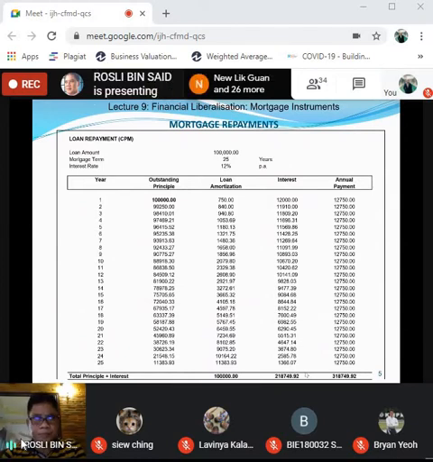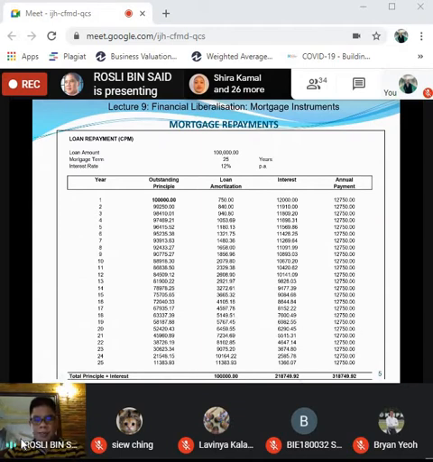If we change our mind and sell the unit in year 3, for example, like we discussed before, the bank won't make much money too. That's why they impose the prepayment penalty.